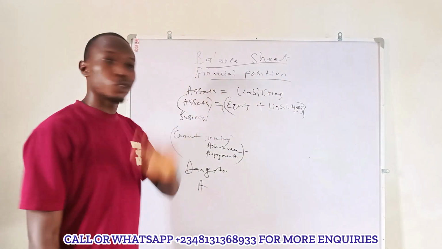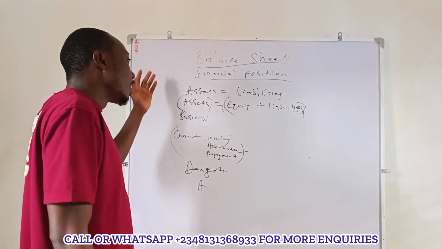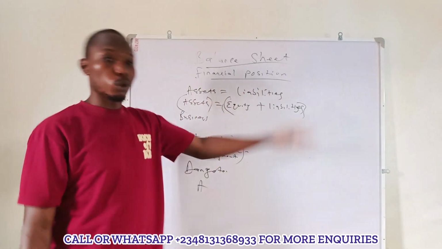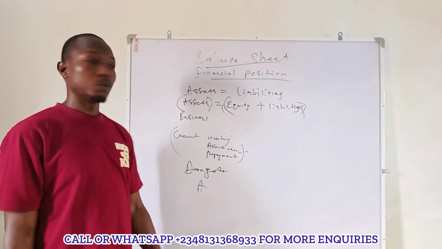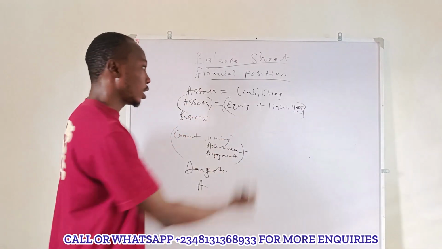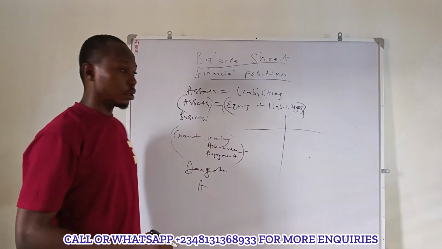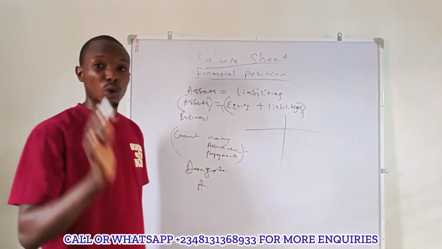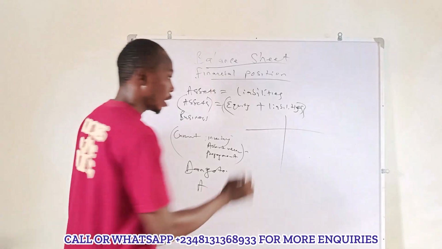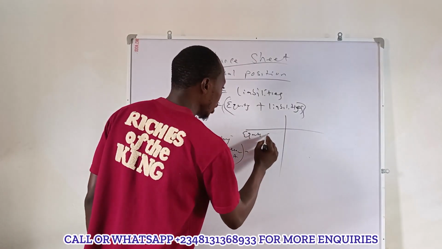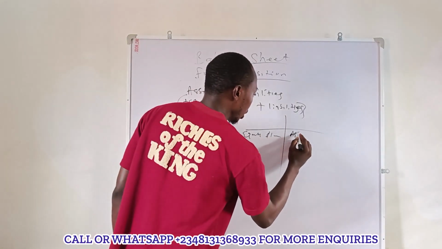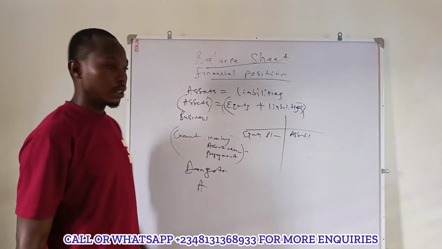So asset is equal to liability, or you can classify asset is equal to equity plus liability, which are all liability. If you are working with the T format, you can see that the equity and liability are always on one side. So you have equity and liability, then you have assets in this format.